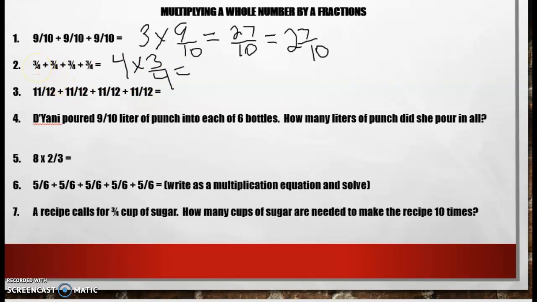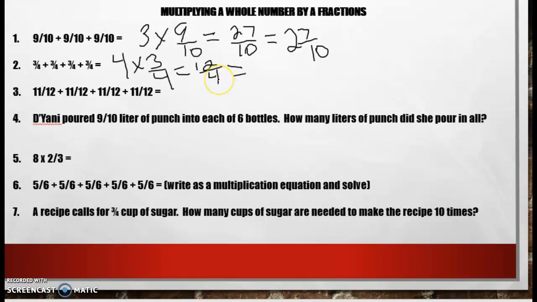I can add my numerators, 3, 6, 9, 12, or I can think of it as 3 times 4, which is 12/4. What do I need to do now? Look back up here at this one. I took that improper fraction and I changed it into a mixed number. So let's do the same here.